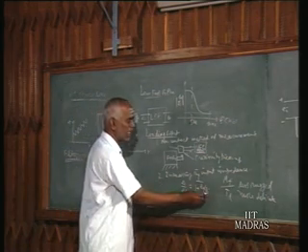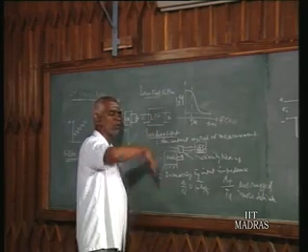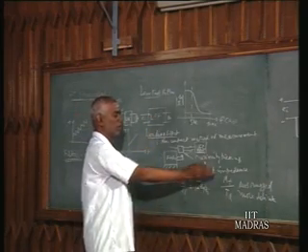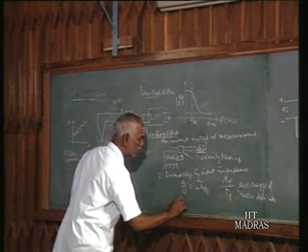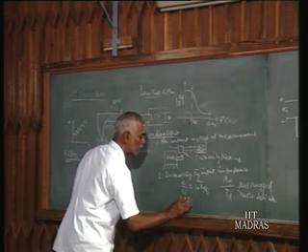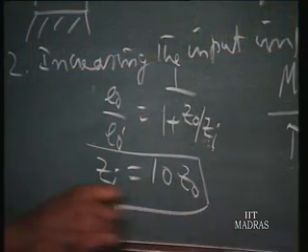So that means ZI cannot be increased as you like. If you increase ZI, sensitivity comes down, then somehow you have to bring its sensitivity back, and you are bringing in all other problems. So that is why ZI is normally made around 10 times ZO. This is normally adopted.